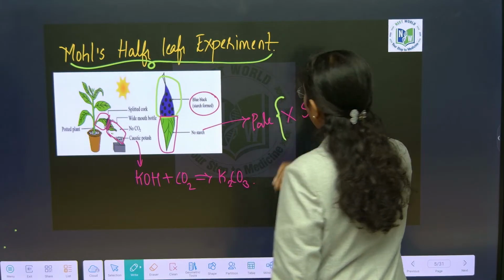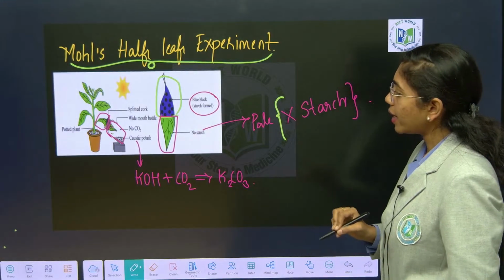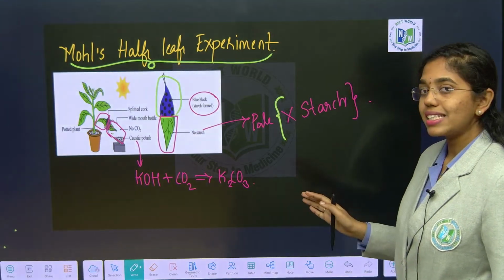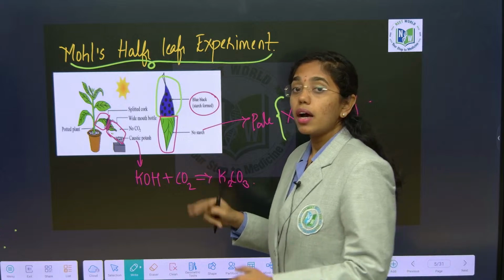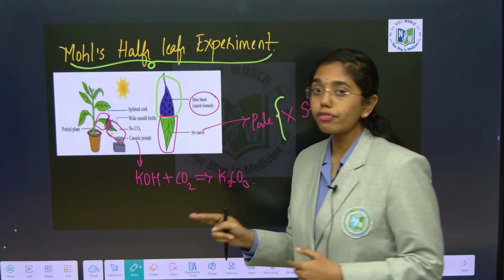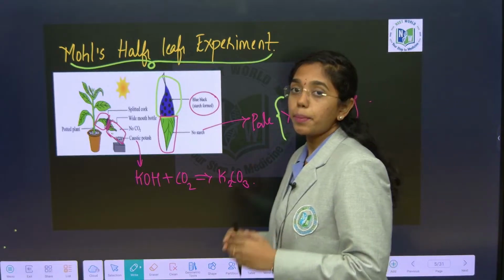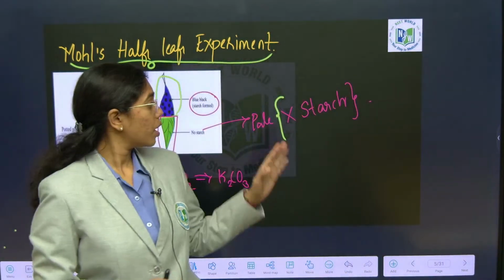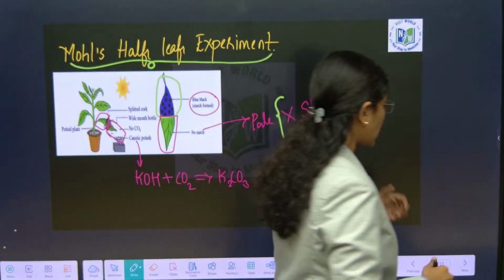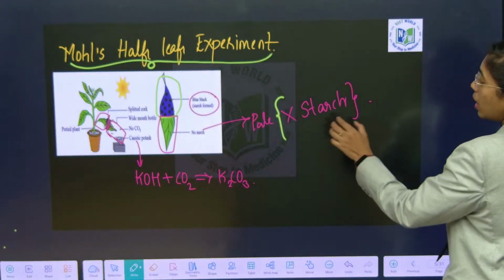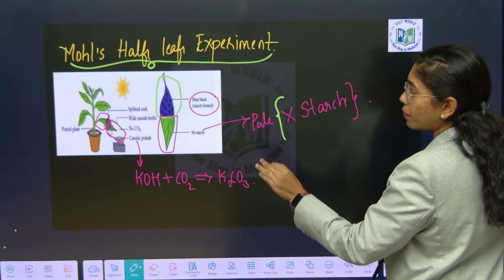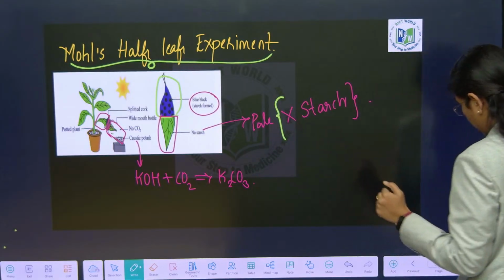So starch is not formed in the absence of carbon dioxide. Only in the presence of carbon dioxide does starch form, which indicates that photosynthesis occurs only in the presence of carbon dioxide.